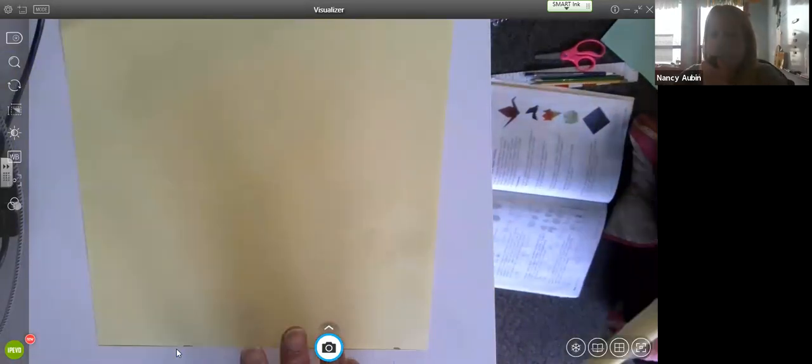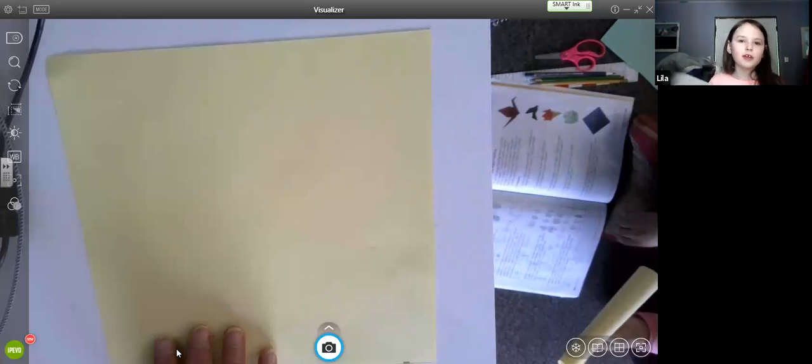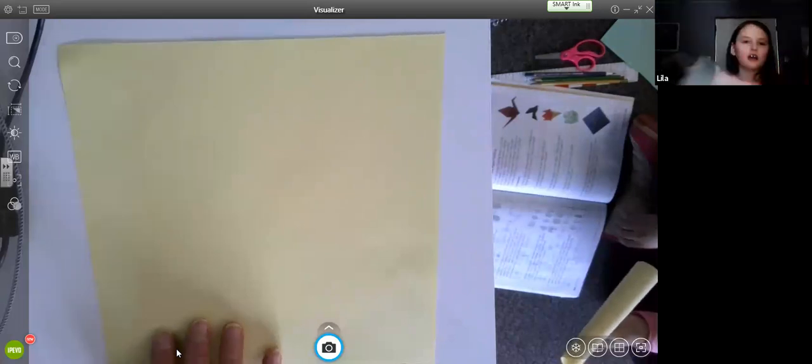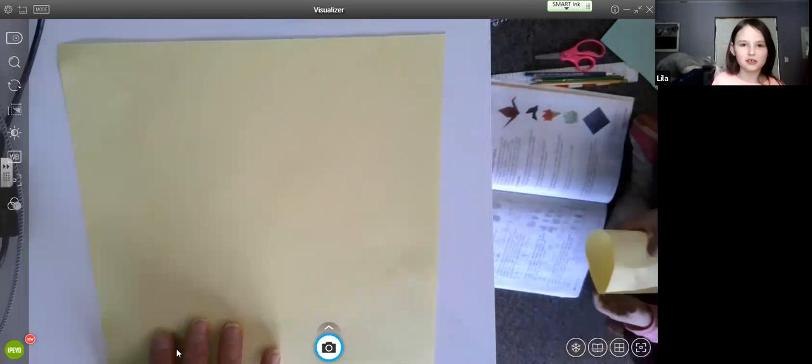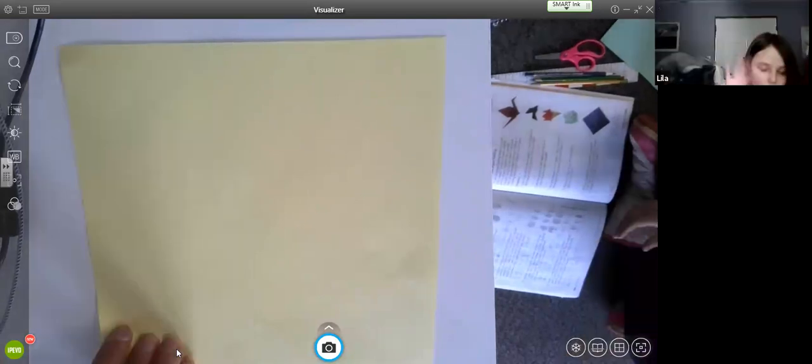Watch first, then do. I think it means that you fold it in half like a taco. Okay, if I do that, it won't be diagonal. But you're right, I am going to fold it in half. Like a taco like this or like this?